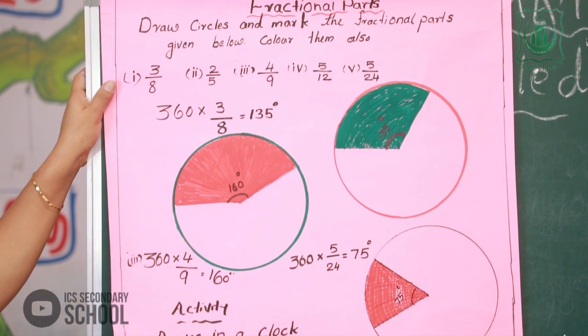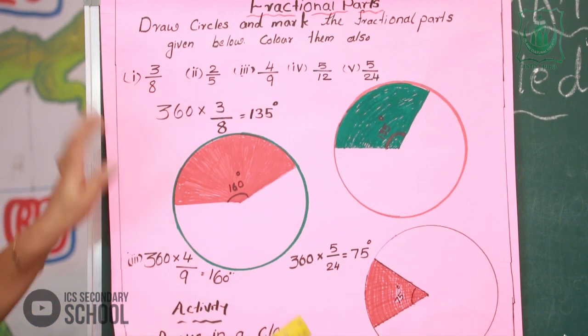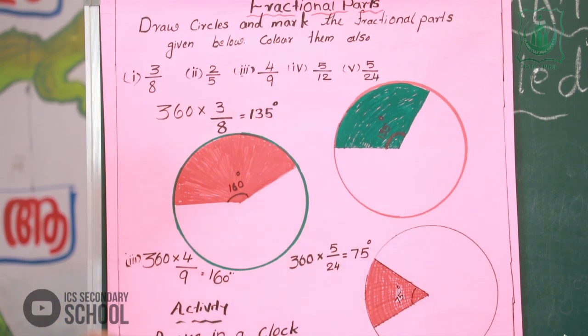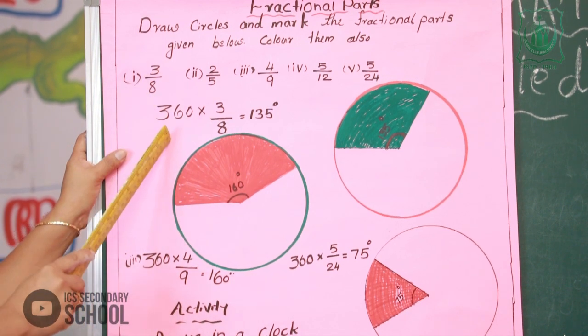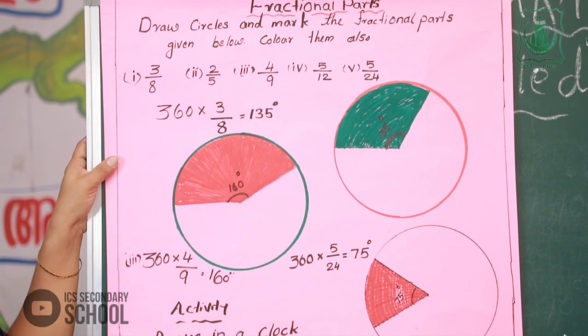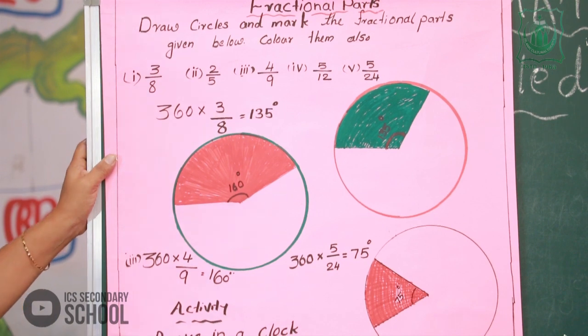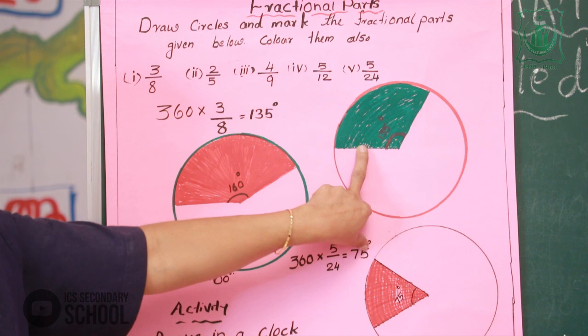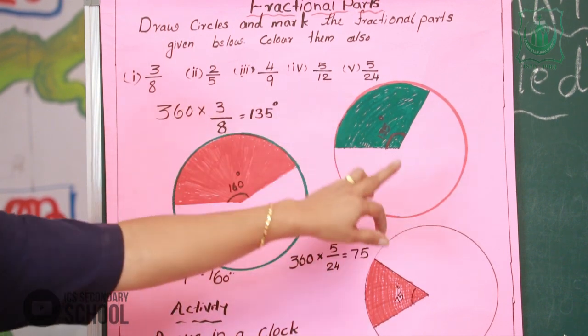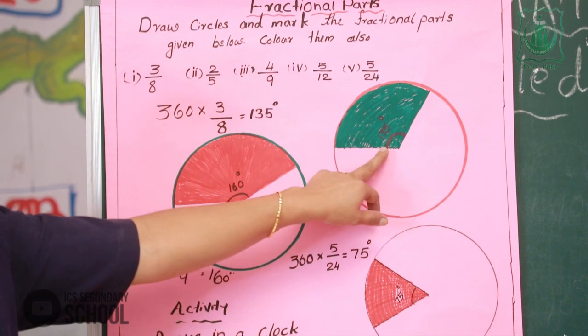How do we color the circle for 3 by 8? 360 into 3 divided by 8 is 135 degrees. We get 135 degrees: 8 parts of the circle and 3 parts colored.